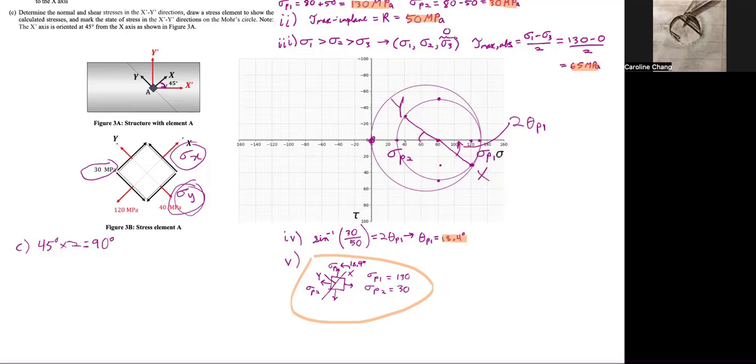So this means we will have to rotate our x and y by 90 degrees clockwise on the Mohr circle to end up at our x prime and y prime directions. So x prime will be over here and y prime will be over here.